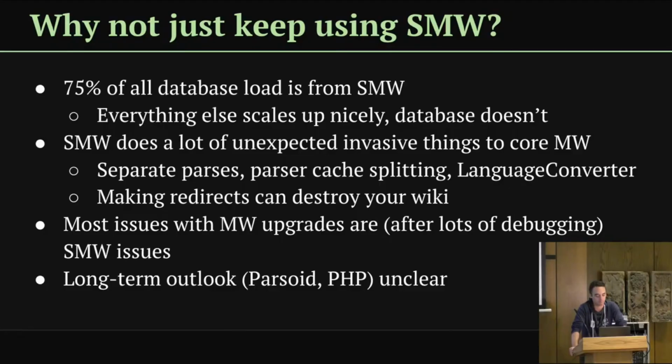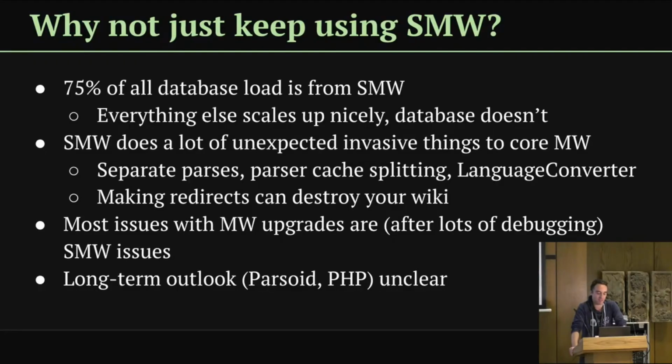If you guys have ever had to deal with that, whether that's doing its own separate parsing passes, there's some kind of insane things that it does to split the parser cache depending on user language. You can ask me about this later, but it turns out that making redirects on a wiki that uses Semantic MediaWiki, even if no other part of it is involved with SMW, can really just completely destroy your wiki in some very unexpected ways.